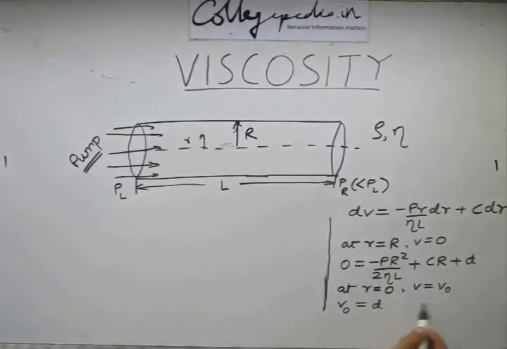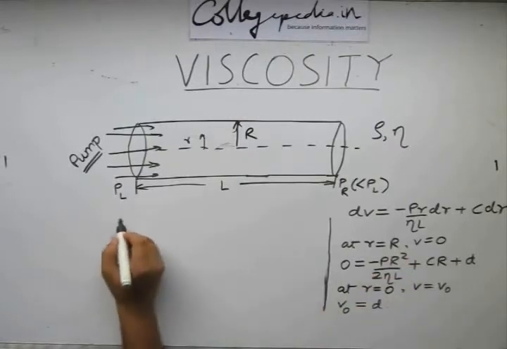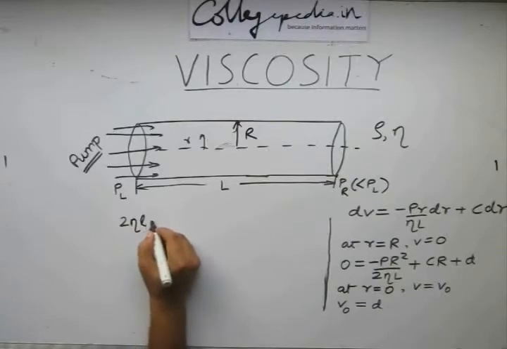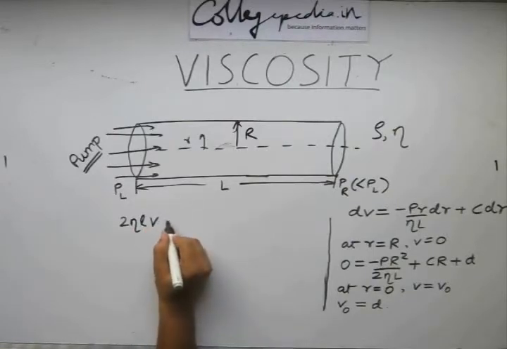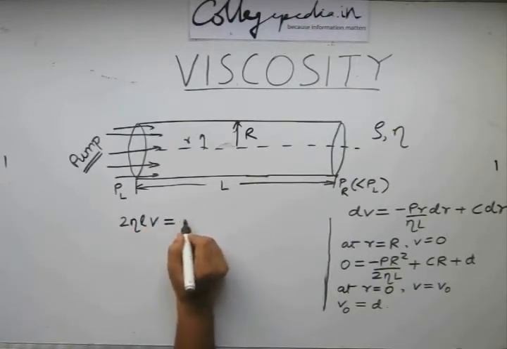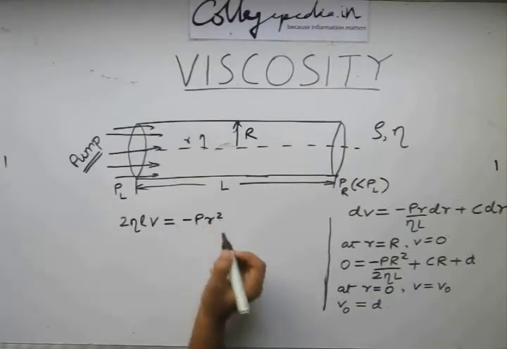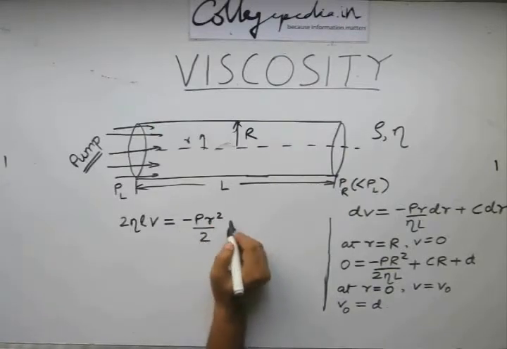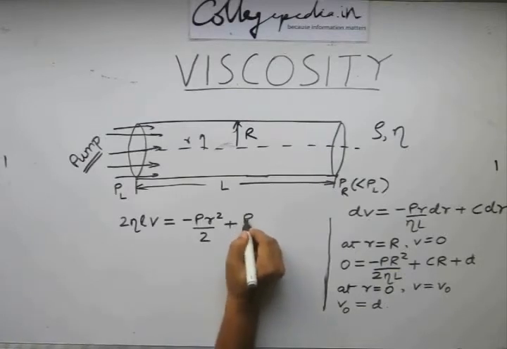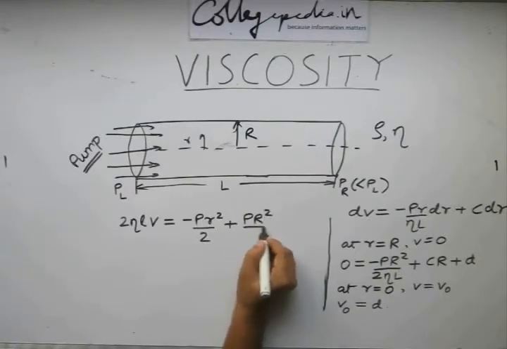After we have considered these conditions, what we get is this being equal to minus P r square by 2 plus P into capital R square by 2.